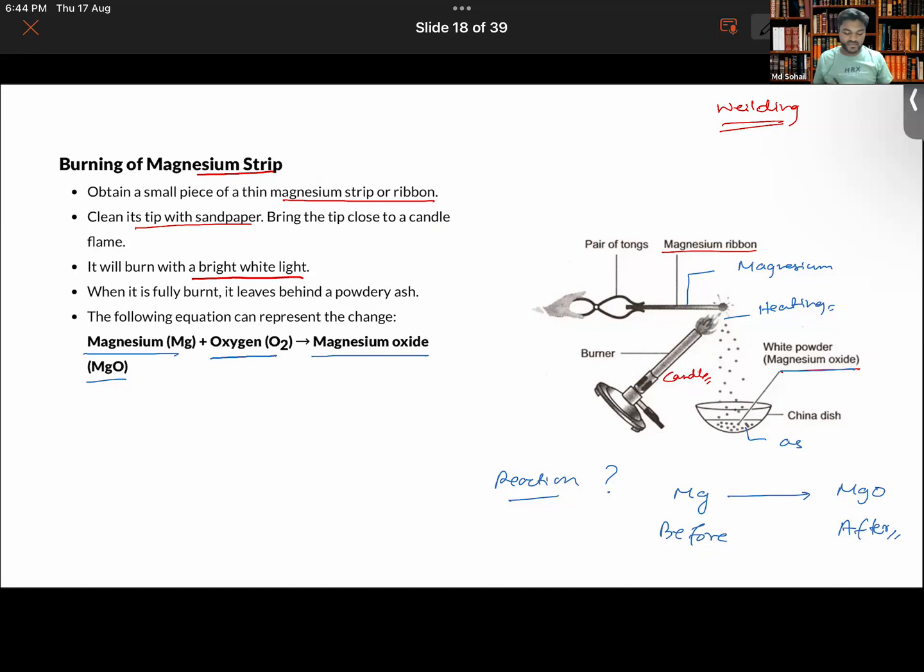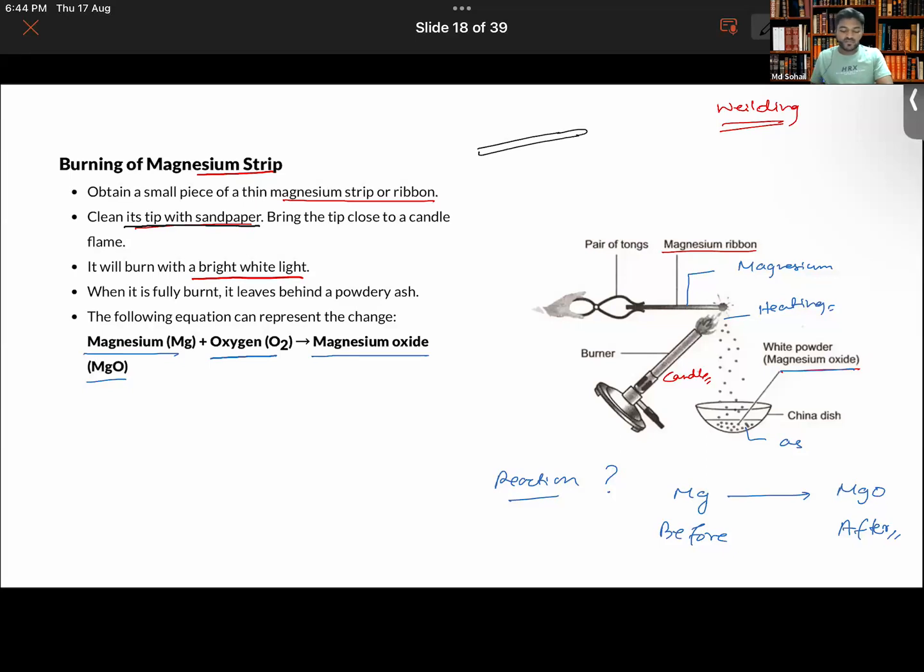Now here it says, clean its tip with sandpaper. While we are burning it, why do we need to clean its tip with the sandpaper? What could be the reason behind this? Because over a period of time, the magnesium ribbon must have reacted with the oxygen also.